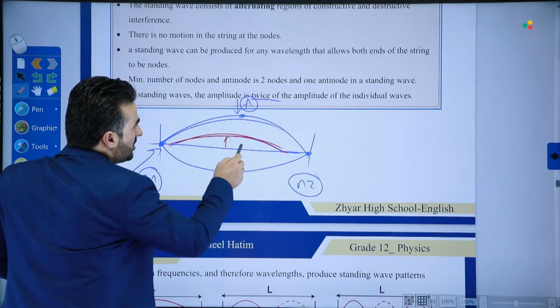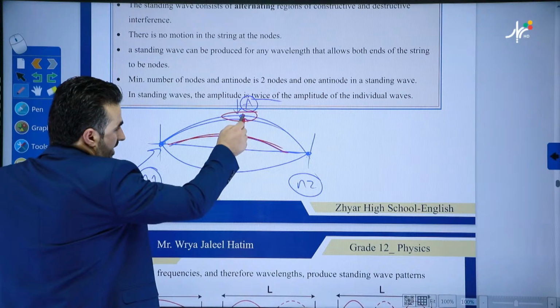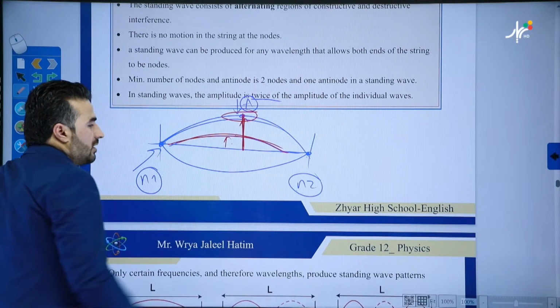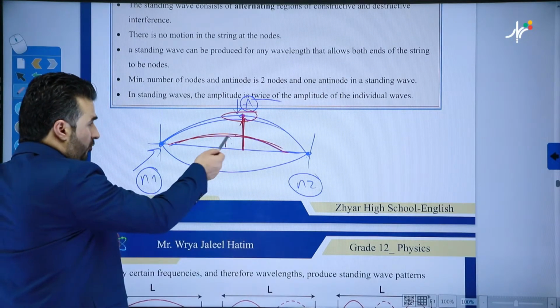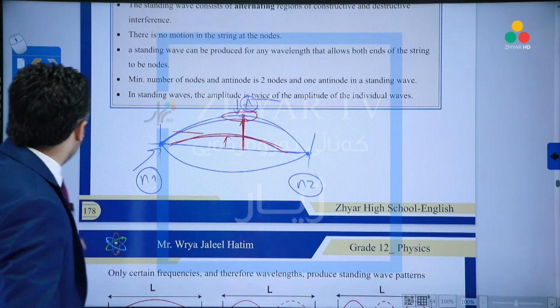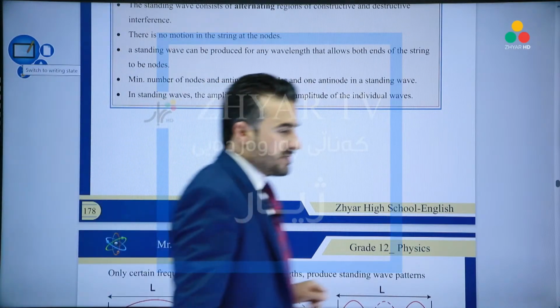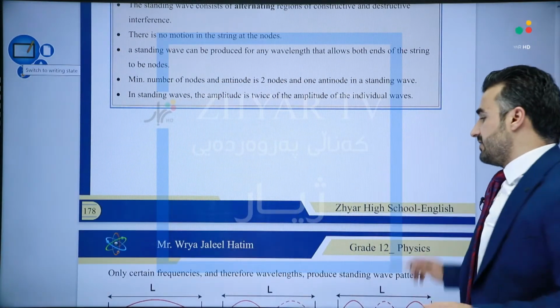Then, of course, once you add them, you get a total amplitude which is twice that of each of the individual waves. Or if each one of these is 1 unit, the resultant is going to be 2 units, which is twice the displacement of each of the waves here.